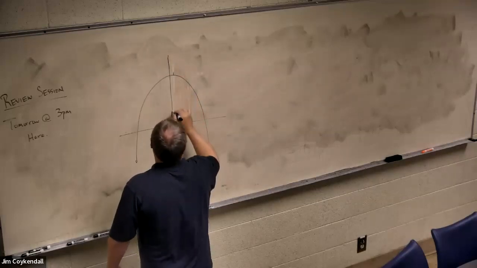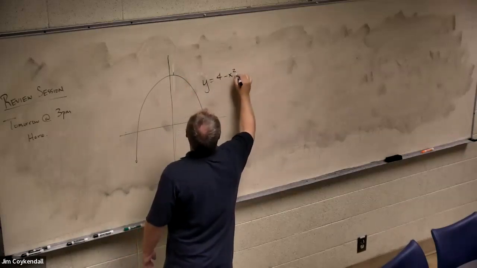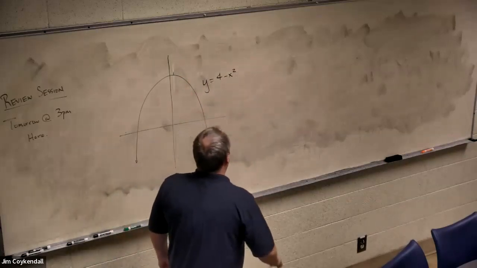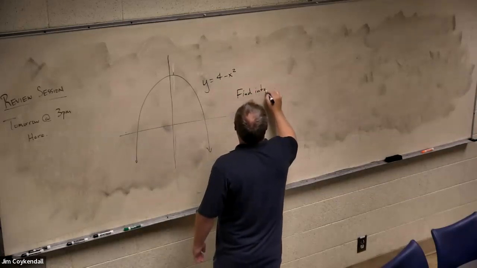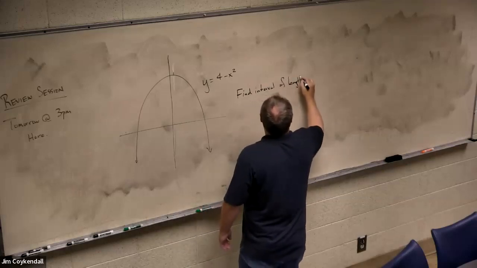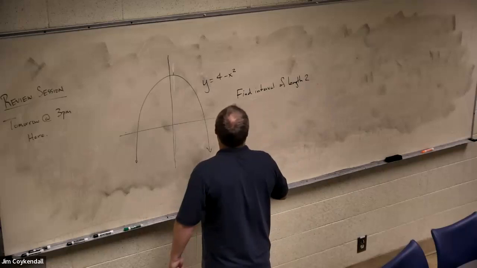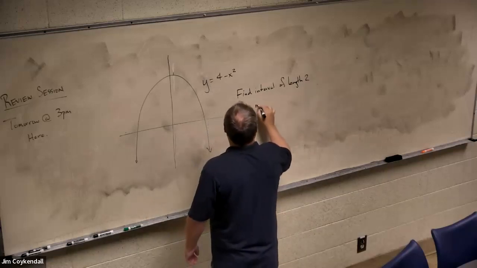Say this is y equals 4 minus x squared. Find the interval of length 2 that maximizes area.